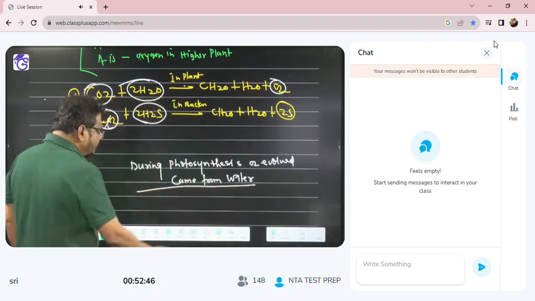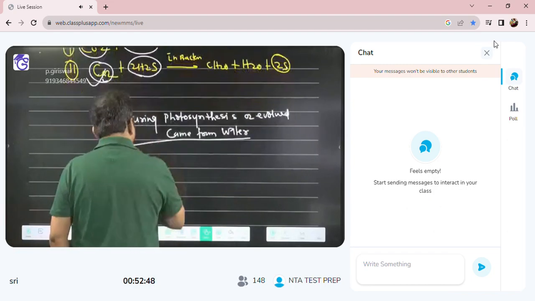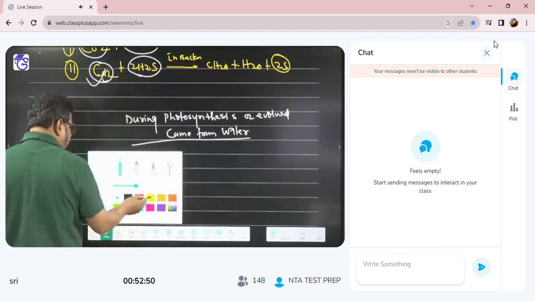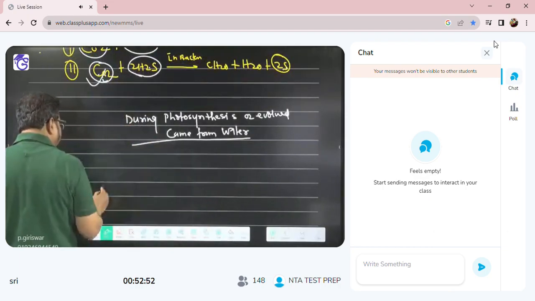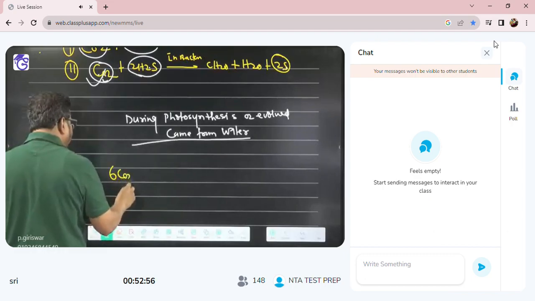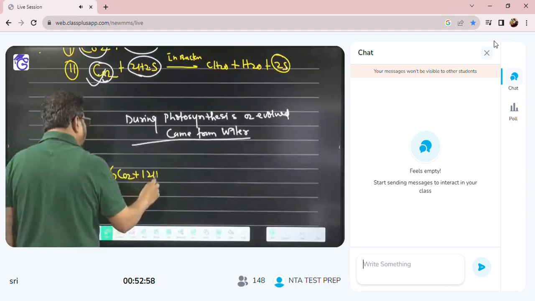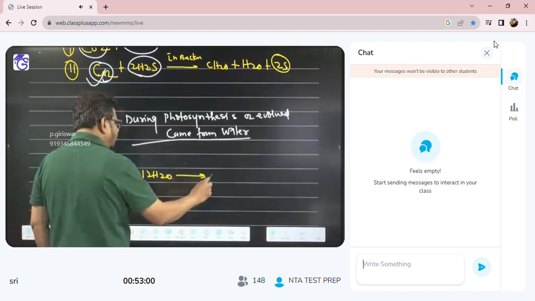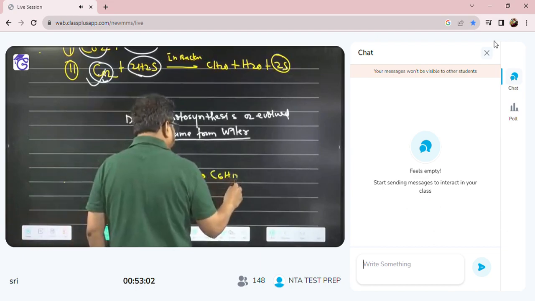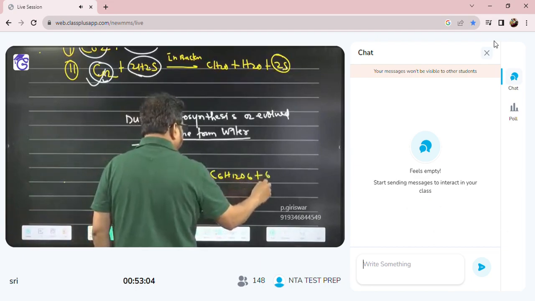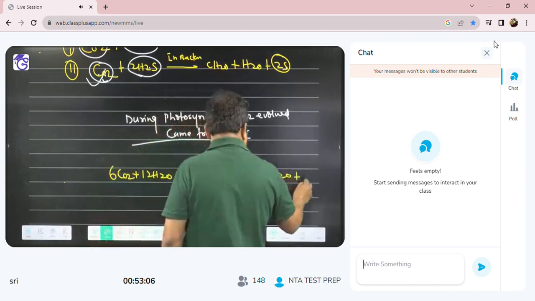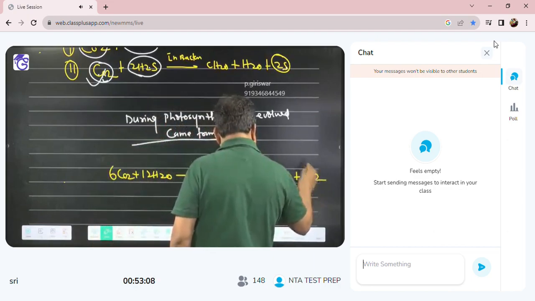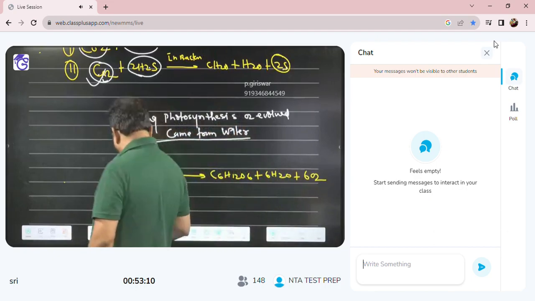And as he told, the reaction of photosynthesis changed. Now the modern reaction, new reaction is what? 6CO2 plus 12H2O gives rise to C6H12O6 plus 6H2O plus 6O2. NCERT also asked a question.